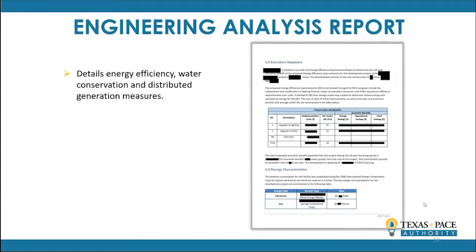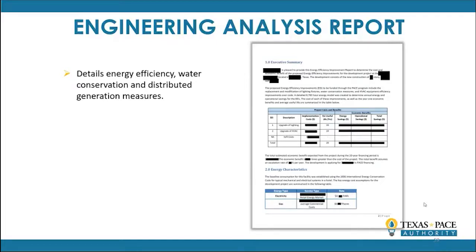So the engineering analysis report is a report that's developed by the owner's engineer. And this details the energy efficiency, water conservation, and distributed generation measures that are being specified for PACE. It also notes the modeled savings. This is a document that is reviewed by the independent third-party review engineer and is also reviewed by Texas PACE Authority.